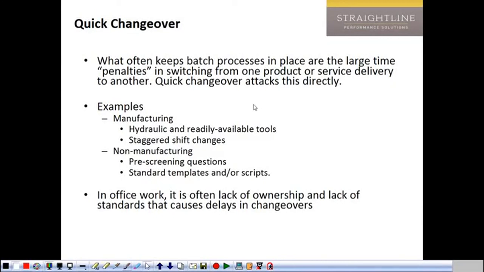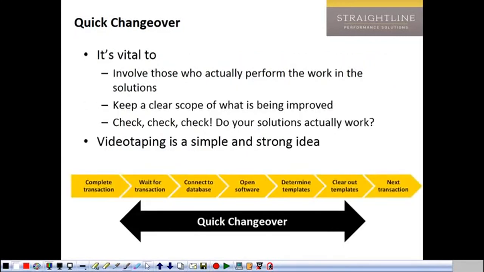All right. What can often happen in many offices is lack of ownership and lack of standards is really causing delays in the changeovers. So confusion over who owns what often is a major problem in quick changeover. However, having said this, and at least one of you I know is actively doing this, so I know that you really buy into this.